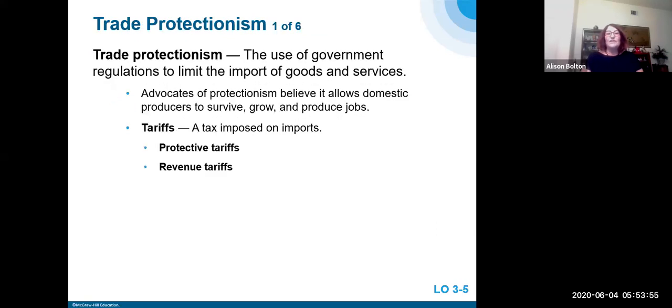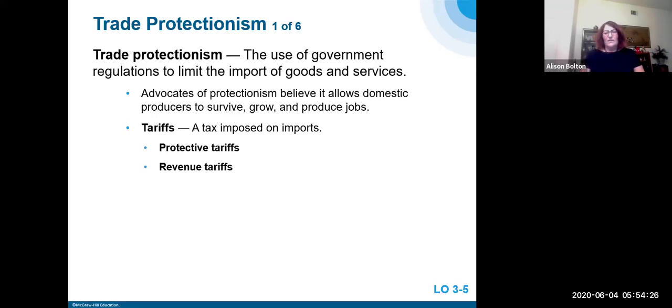Trade protectionism. All right, this is when the government has regulations limiting import of goods and services. And there are times where we need to have them, where we have what's called quotas, and we'll talk more about that in a minute. Sometimes there has to be a balance so that too many products don't come in all at once, or services, or the building of manufacturing plants.